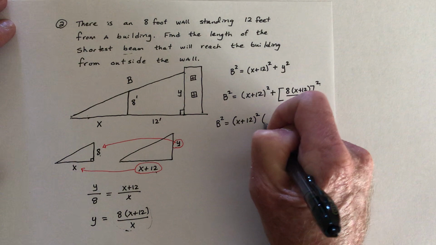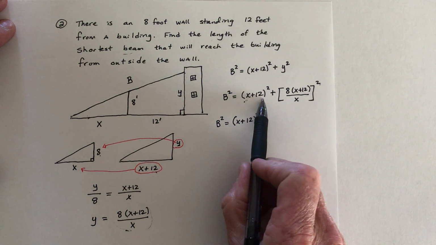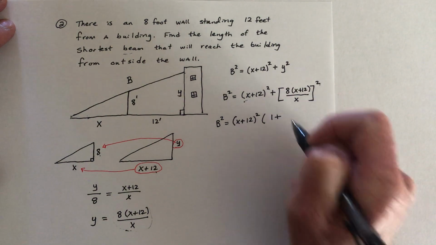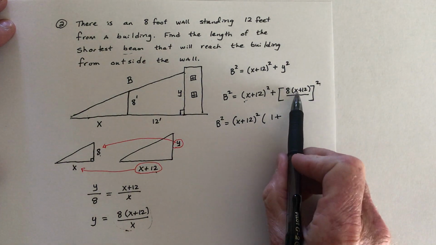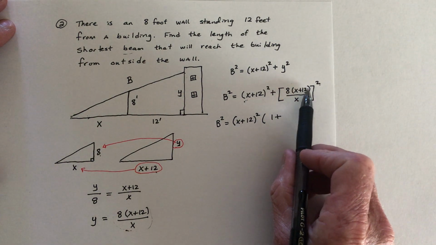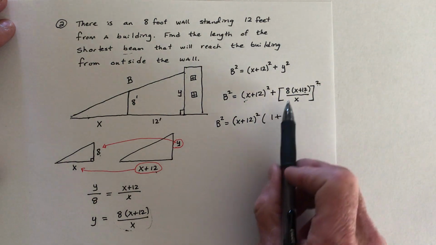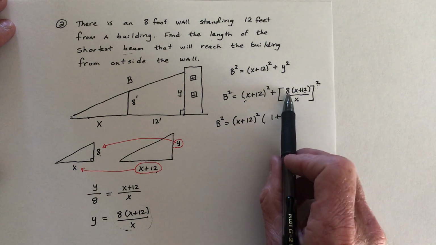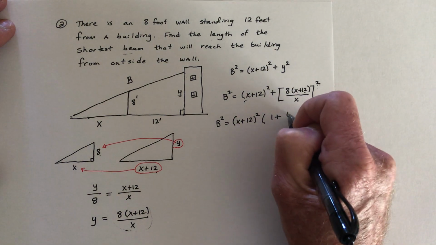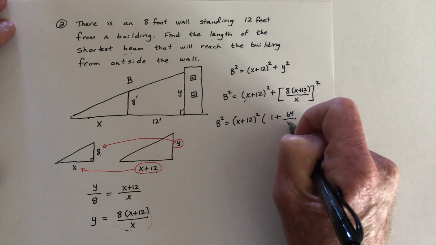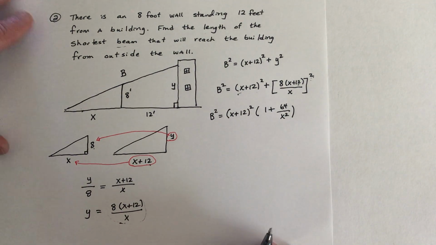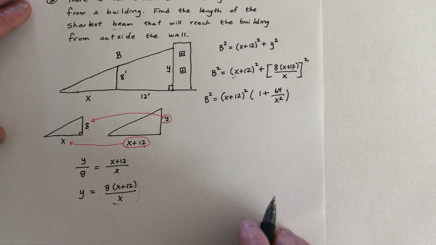Then what remains? Since I factored this out, it's going to leave behind a 1 plus, and since the x plus 12 and the squared got factored out, what remains is the 8 over x, but it still has to be squared. So on top, an 8 squared will be 64. On the bottom, it's an x squared.